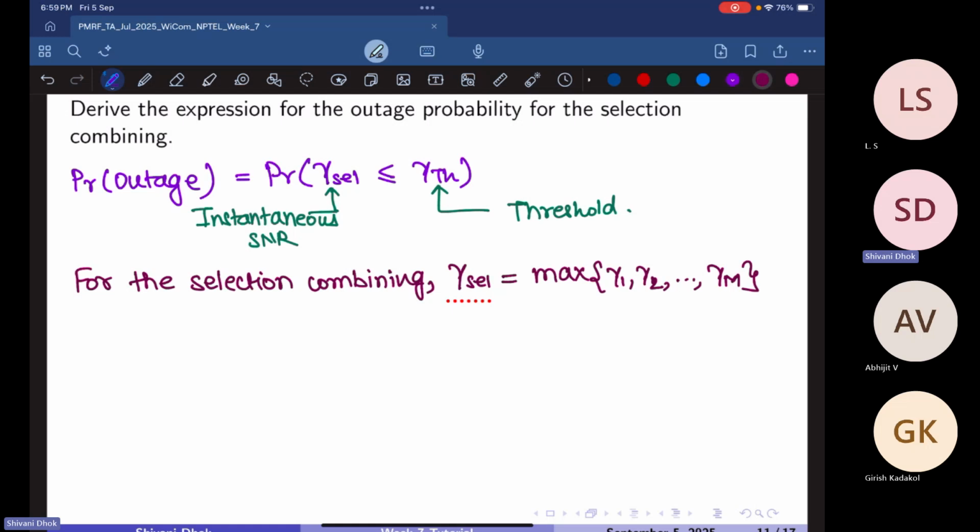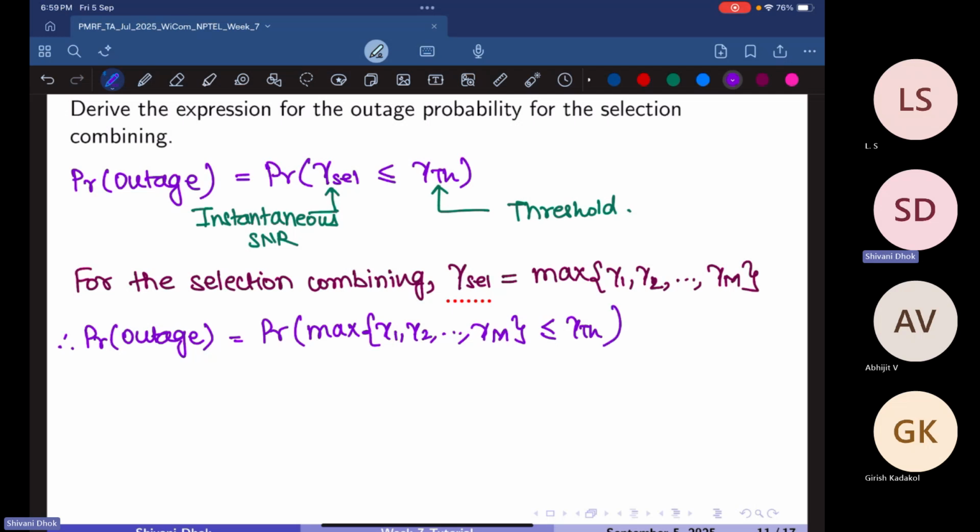Therefore, your outage probability, which is the probability that your gamma select is less than or equal to the threshold, is basically the probability that max of x1, x2 and so on till xM is less than or equal to gamma th, or your threshold.